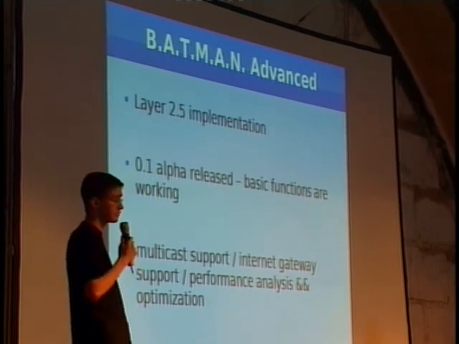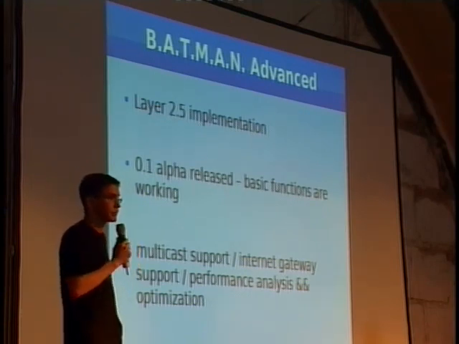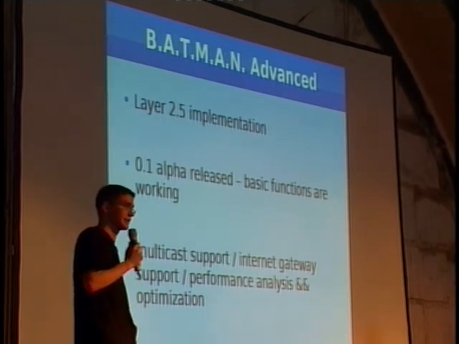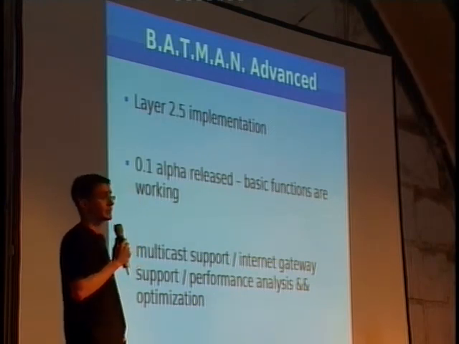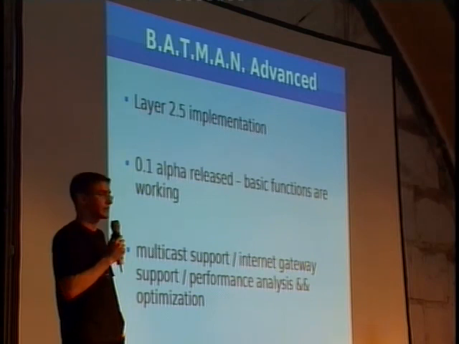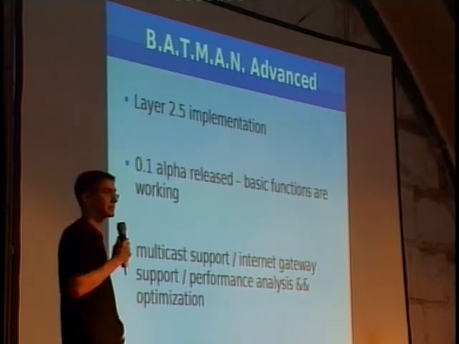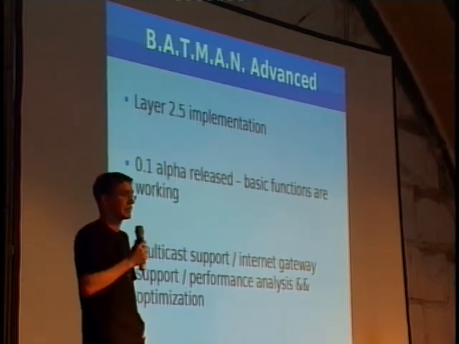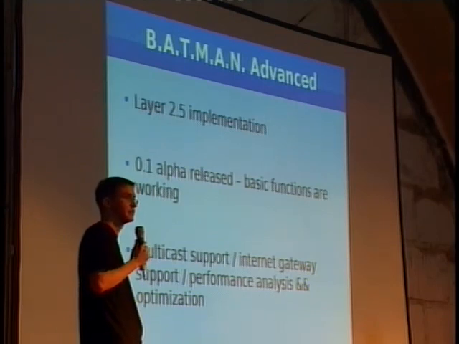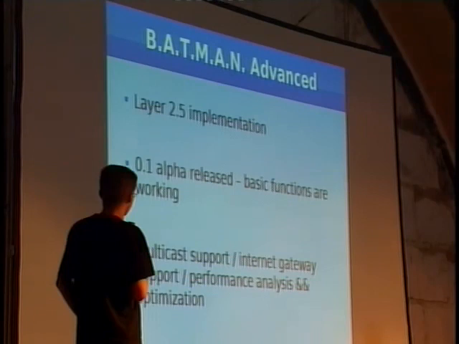Therefore, we have the Batman toolchain, which is a ping, a traceroute, and anything like it for layer 2. We can ping, traceroute, and we even have TCP dump and something like it for layer 2. I think it's very interesting stuff and very new, and it's worth a look.